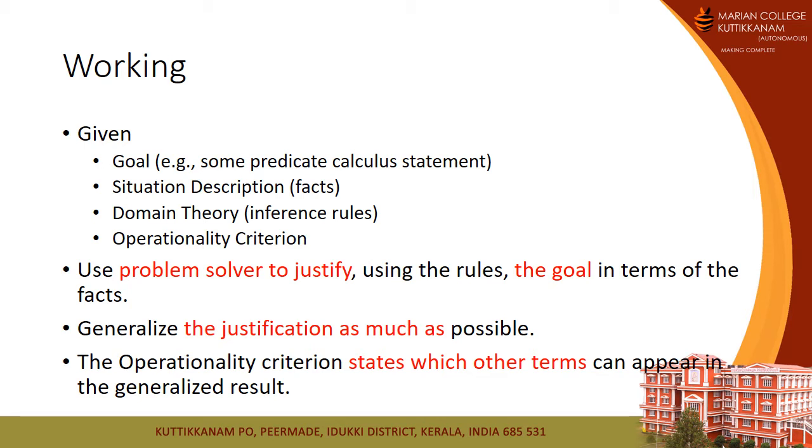Third is the domain theory, which contains the set of inference rules, and fourth the operationality criterion. Use a problem solver to justify the goal in terms of the facts using the rules. Generalize the justification as much as possible. The operationality criterion states which other terms can appear in the generalized result.